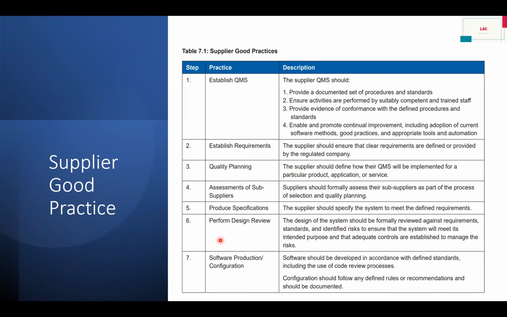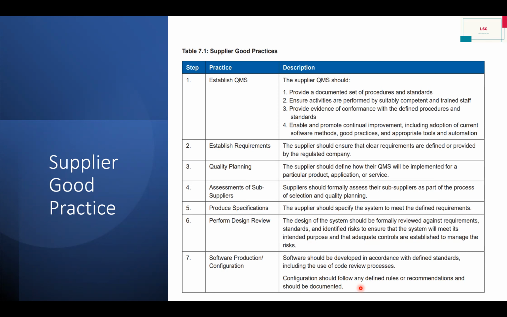This should be part of the design review. Seven, software production and configuration. Software should be developed in accordance with the defined standards, including the use of a code review process. Configuration should follow any defined rules or recommendations and should be documented. So what is the procedure to configure the requirement?